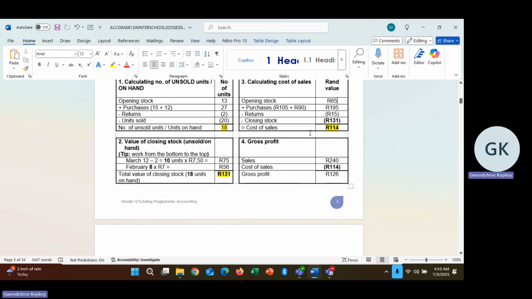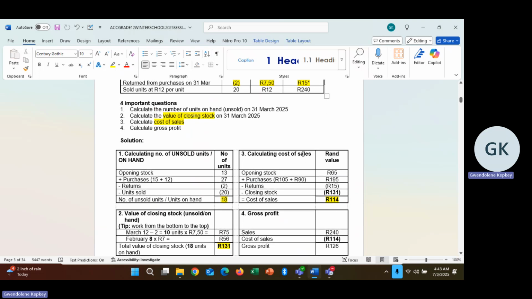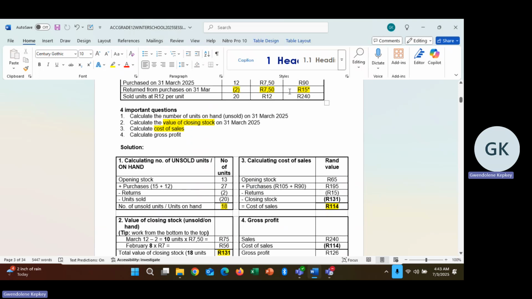114 Rand. Now, gross profit is relatively manageable, easy to calculate, because this actually is the top part of my sokkie. So I will take my sales, which is given to me at 240. So units sold, which I could also call my sales, adds up to an amount of 240.